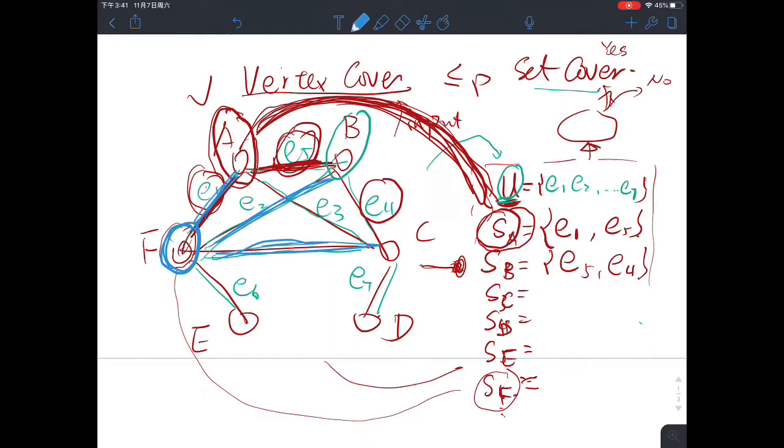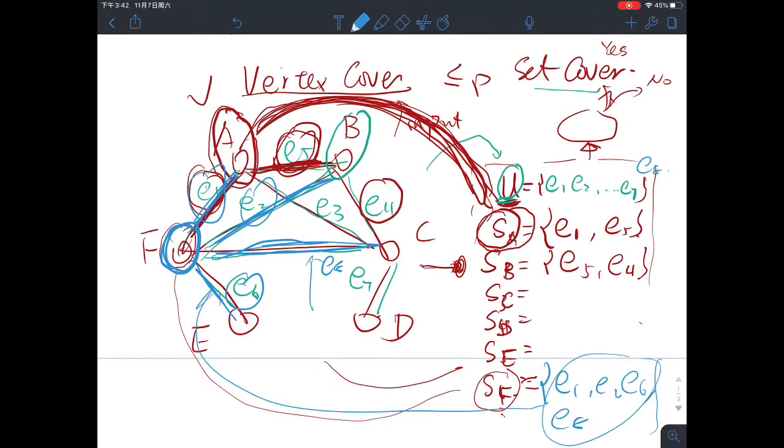That includes E1, E2, E6, and then this is actually missing. Let's call this E8. So for F, it's E1, E2, E6, E8. This really corresponds to the blue edges that I drew just now. I can keep doing this for the rest of the sets.